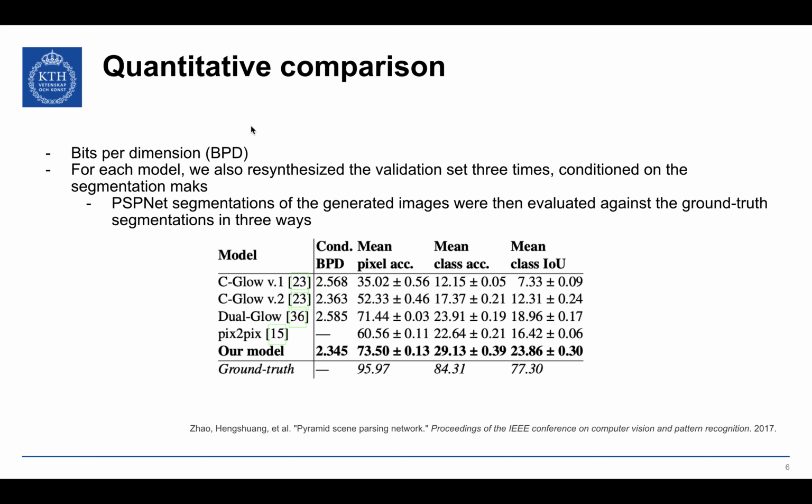As we can see, thanks to the better conditioning of the target GLOW, we can achieve a lower conditional bits per dimension compared to the previous flow-based models. We can also achieve a higher semantic classification performance compared to both previous GLOW-based models and the Pix2Pix GAN-based model counterpart.